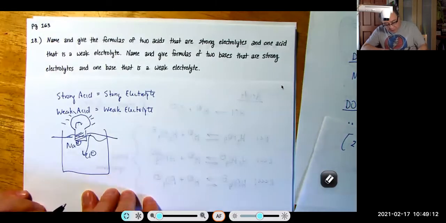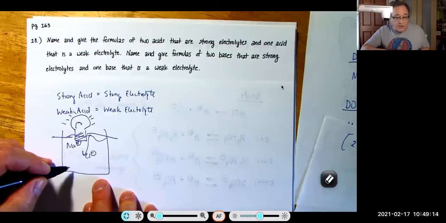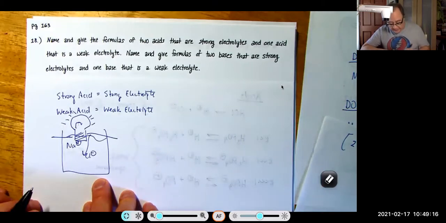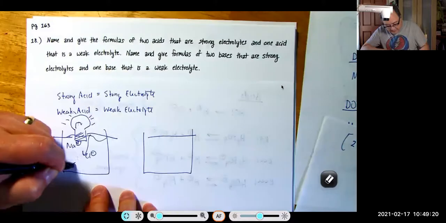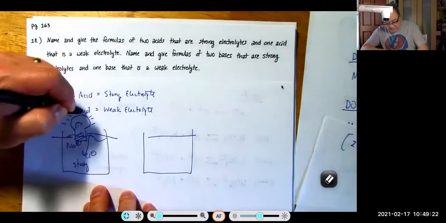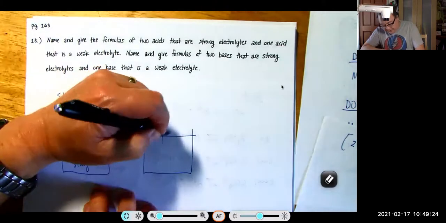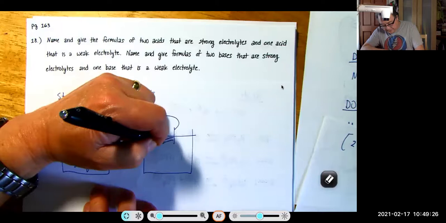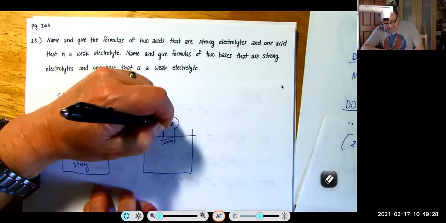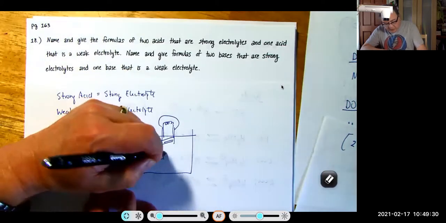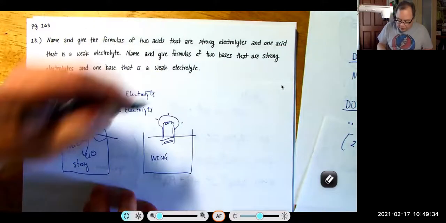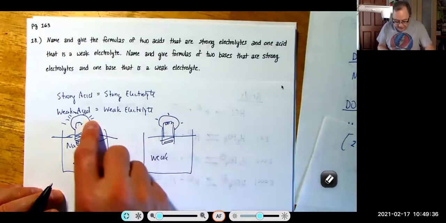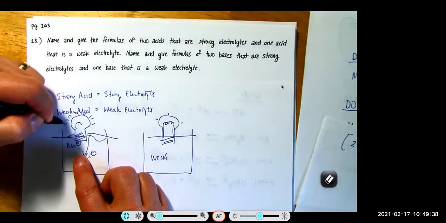The more ions you have, the stronger the light bulb lights up. So if you do this with a weak electrolyte, and you put your light bulb in here, here's what your light bulb does. Do you see I have only 3 lines here instead of a bunch? That means it doesn't light up very well.